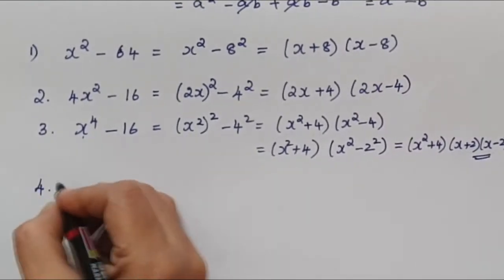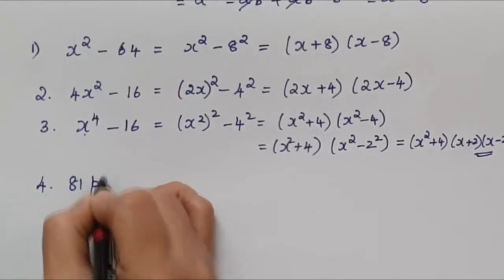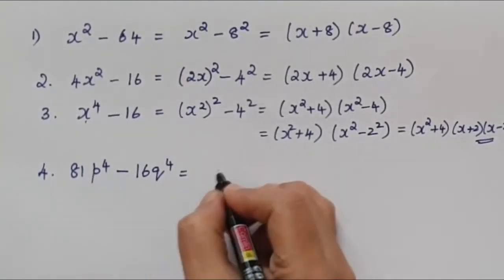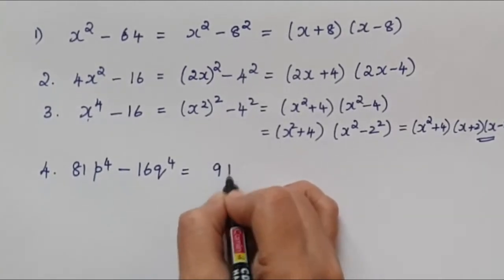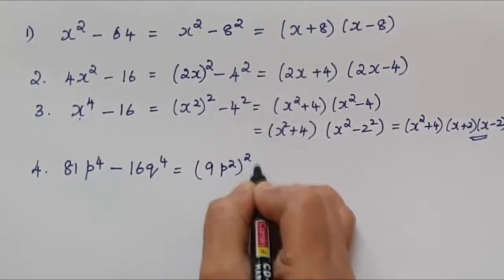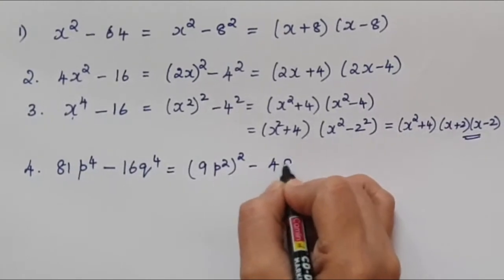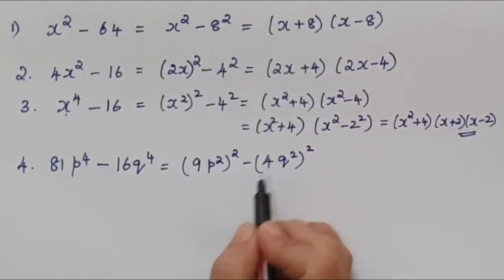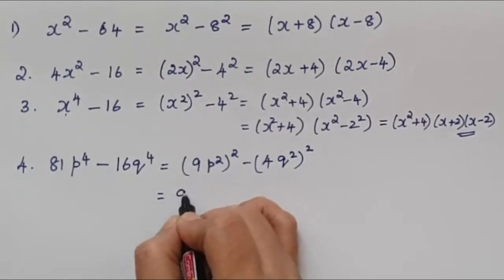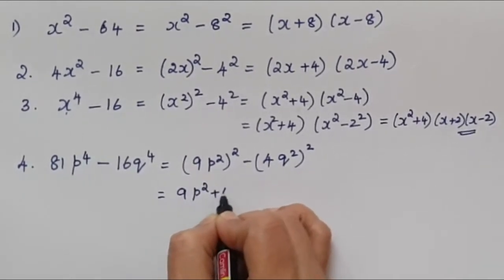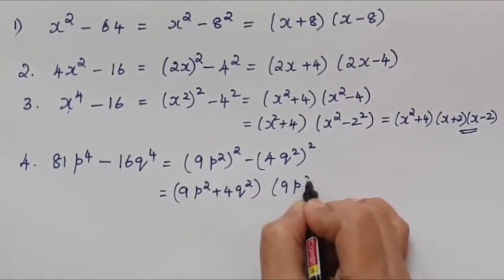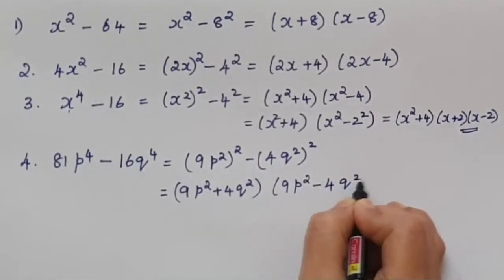Now the last question, 81p power 4 minus 16q to the power of 4. This can be written as 9p square the whole square minus 4q square the whole square. Now it is of the form a square minus b square. So this can be written as 9p square plus 4q square into 9p square minus 4q square.